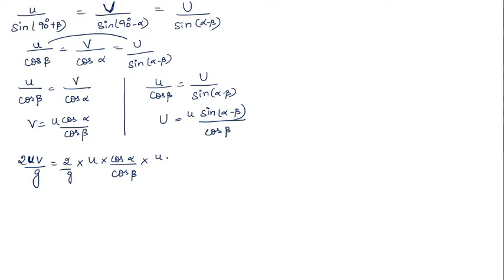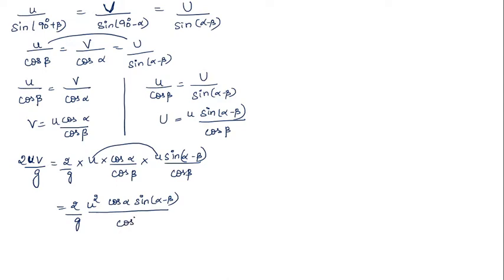Capital U is u sine of alpha minus beta by cos beta. So this is equal to 2 by g into u square cos alpha sine of alpha minus beta, and the denominator will be cos square beta. So this is the range on an inclined plane.